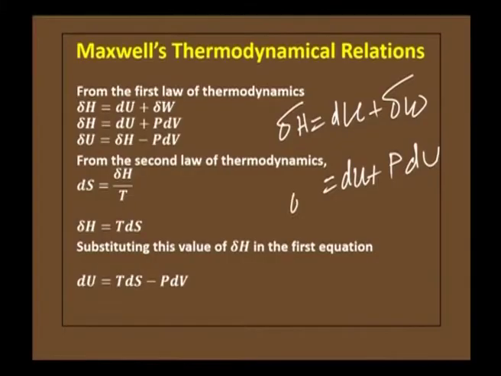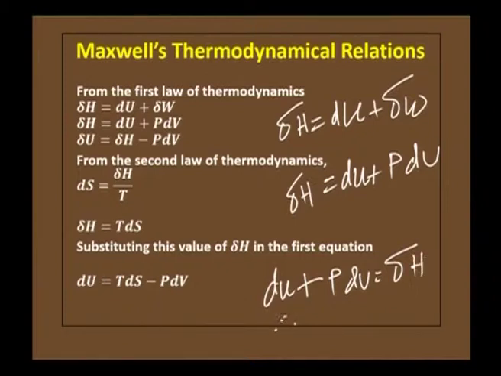So, I can write dU plus P dV is equal to delta H. Therefore, I can write dU is equal to delta H minus P dV.